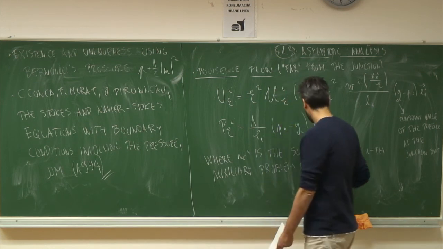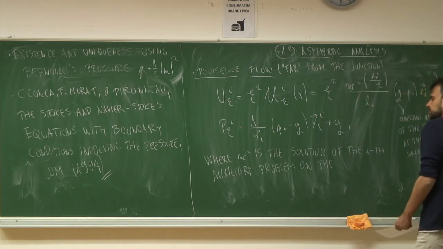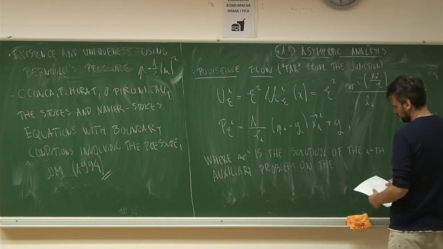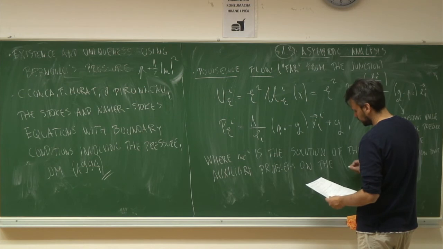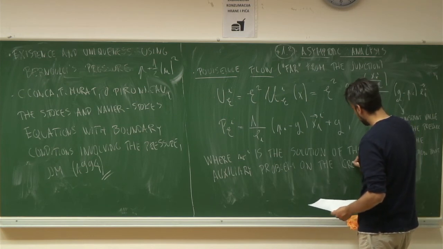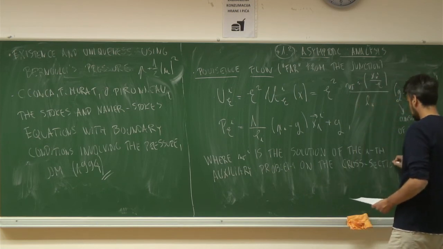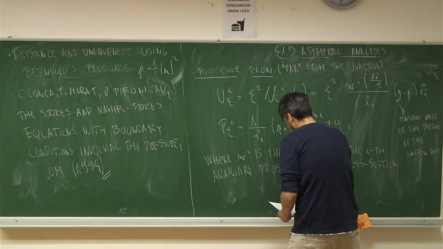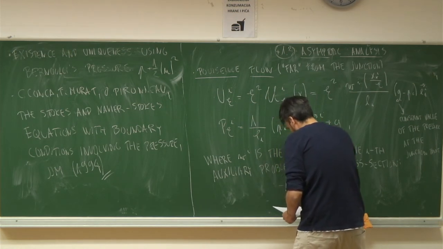On the cross section. So I'll write it down generally and then write down the explicit expression for when the cross section is circular, which is the problem that we're interested in. So auxiliary problem on the cross section. So you have the following: −μ Laplacian v_i is 1, v_i is 0.